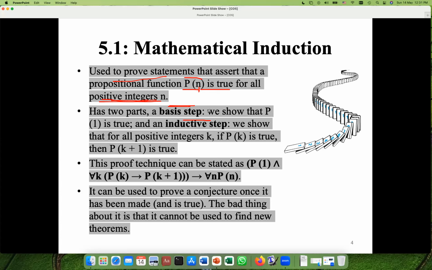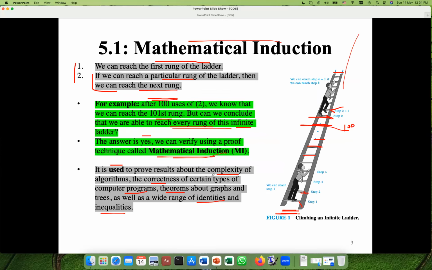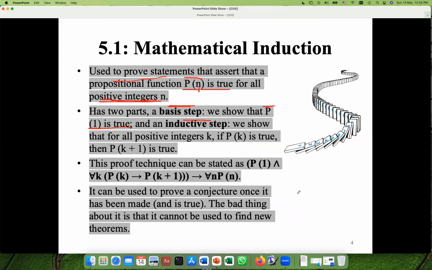And what is the basis step? In the basis step, you have to show that P of 1 is true. That is the first step. For example, in the ladder, step 1 is the basis step. So if some problem is given to you, some sequence, some series, some formula, whatever, you have to look at what the basic step is. Then you call that basic step P of 1.